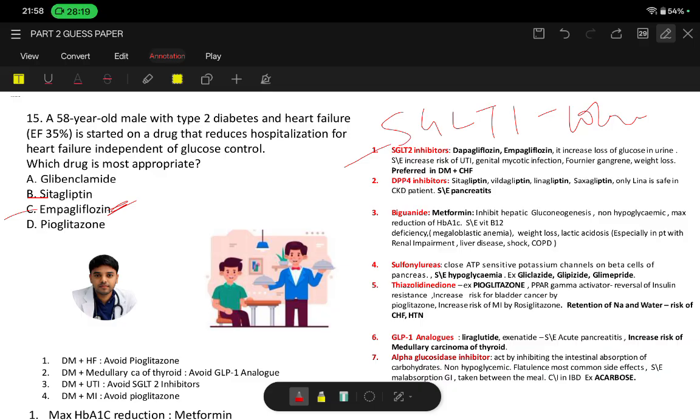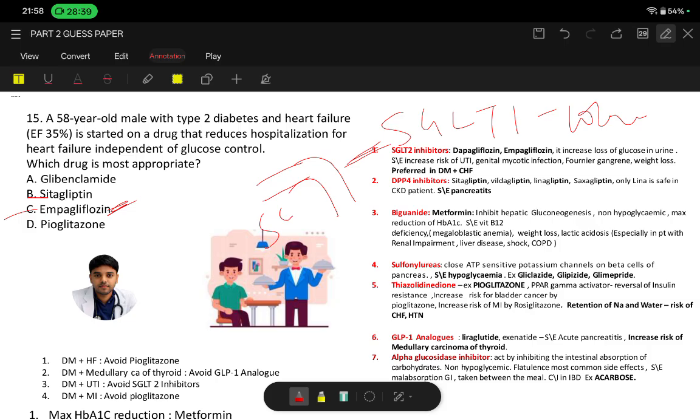Okay. SGLT2 is in the kidney. Okay? So tell me, what actually happens here with SGLT2 inhibitors? What is the function of SGLT2?